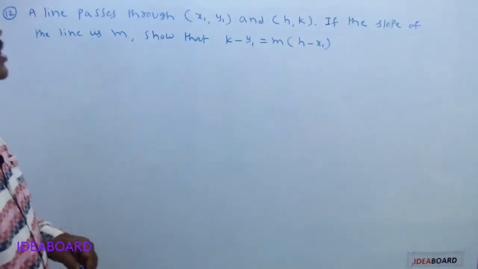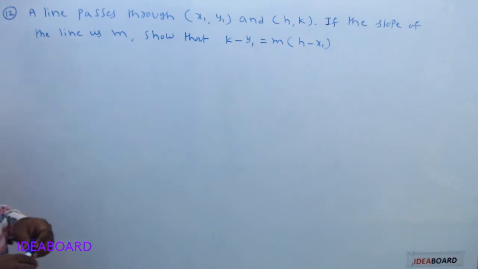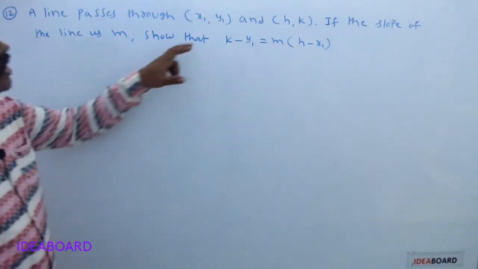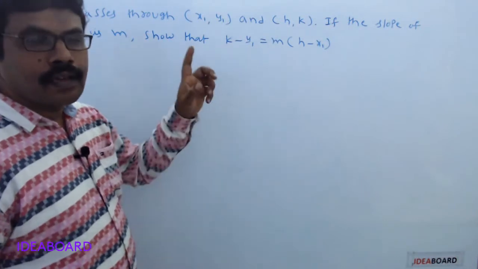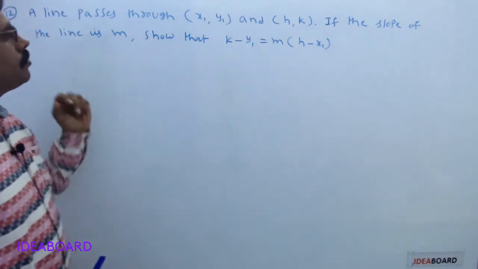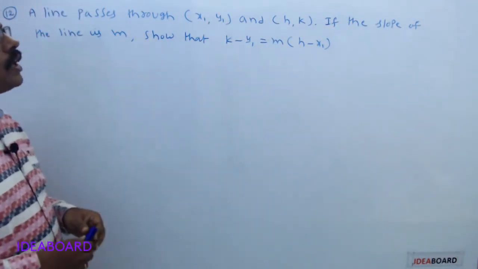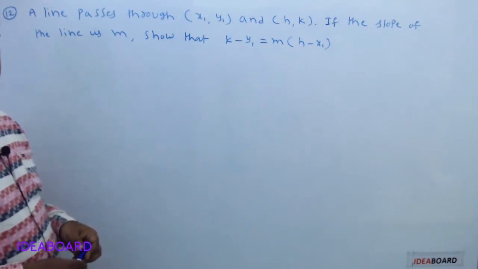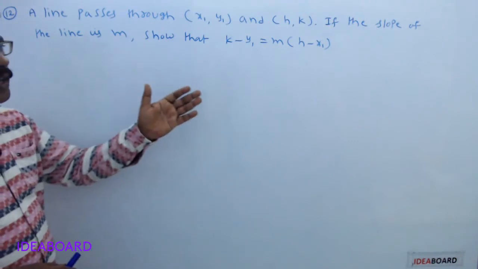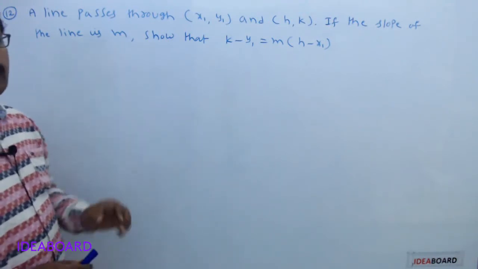Now come to the next question. A line passes through the points x1, y1 and h, k. If the slope of the line is m, show that k minus y1 equals m into h minus x1. First draw a rough diagram related to the given data.